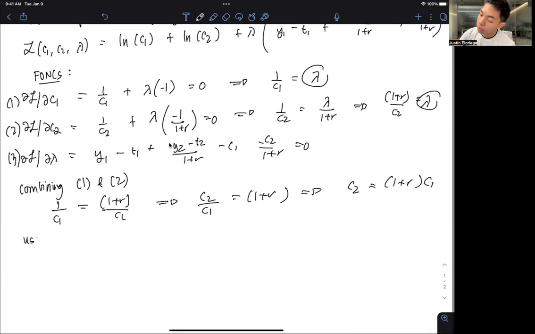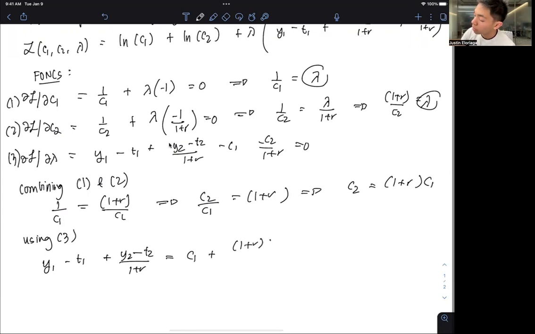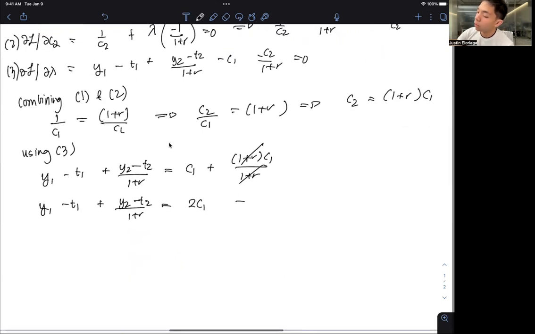So using 3, we get Y1 minus T1 plus (Y2 minus T2) over 1 plus R equal to C1 plus C2, but C2 is (1 plus R) times C1 divided by 1 plus R. So this cancels out, and we're left with Y1 minus T1 plus (Y2 minus T2) over 1 plus R is equal to 2C1. Therefore, this means that C1 is equal to 1 over 2 times [Y1 minus T1 plus (Y2 minus T2) over 1 plus R], right?